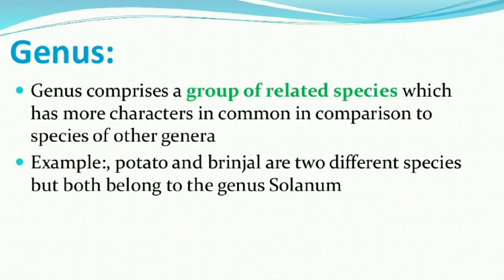For example, potato and brinjal are 2 different species, but both belong to the same genus, that is Solanum. Potato, Solanum tuberosum; brinjal, Solanum melongena. Both the species tuberosum and melongena come under the same genus Solanum, since they have some common characters in the flower.